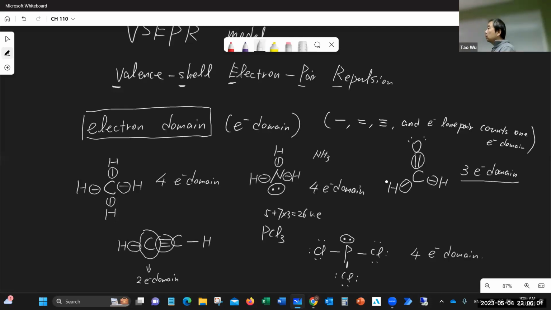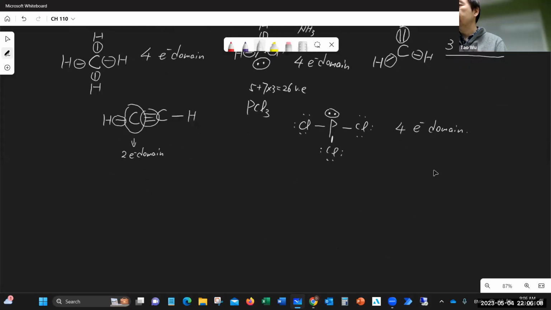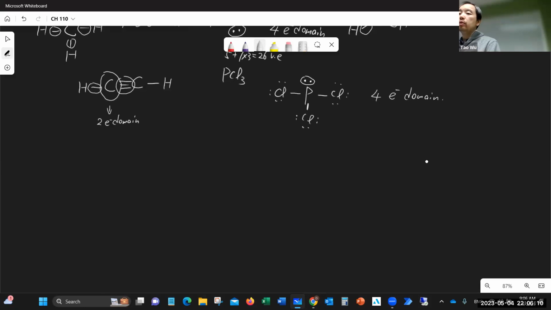So once you know the electron domains, generally you will recognize what the electron domain geometry is. Okay, what is the electron domain geometry? If we have 2 electron domains, then generally it's shaped like this, with the central atom in the middle.